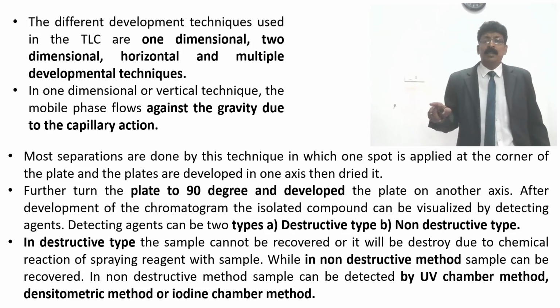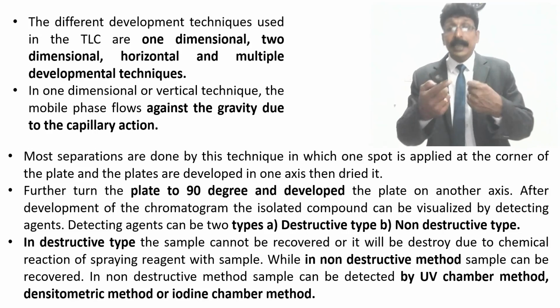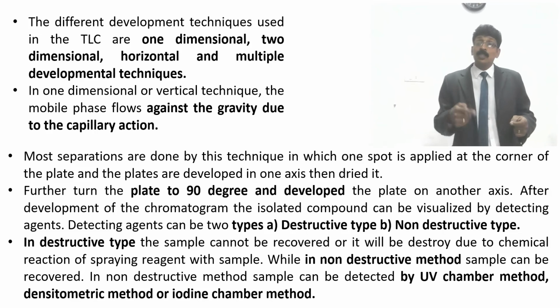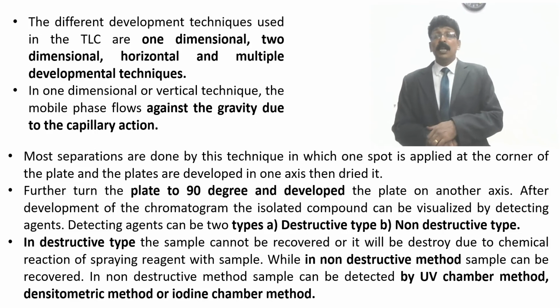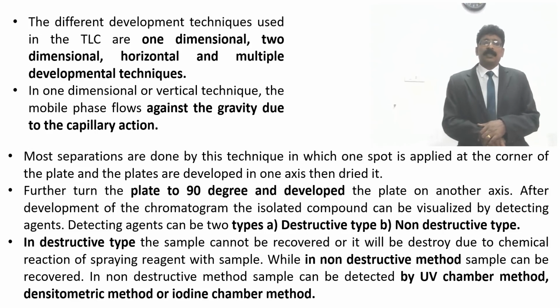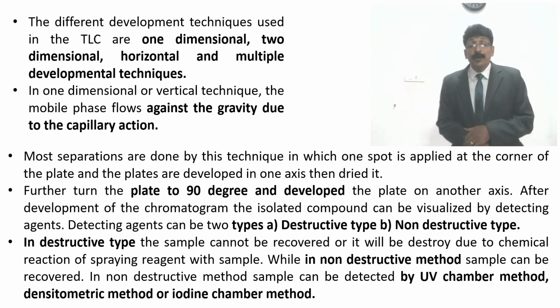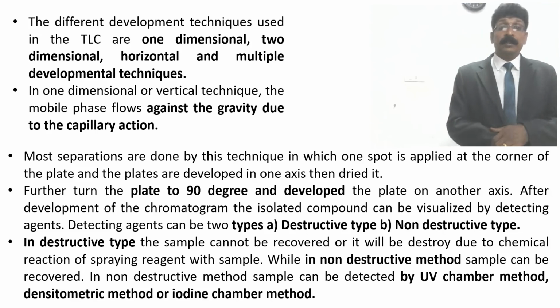While in the non-destructive type, the sample will not get spoiled. You can take the sample back and analyze it, the quantity of the compound can also be determined, and you can go for other tests also. In the non-destructive method the sample can be recovered, that is the difference. In the non-destructive method, the sample can be detected by the UV chamber method, or the densitometric method, or even the iodine chamber method can be used.